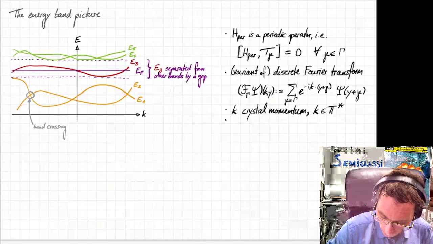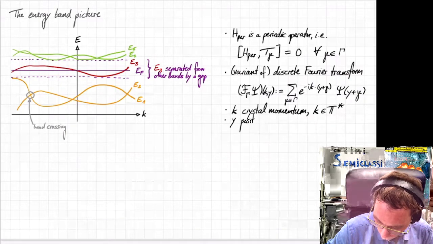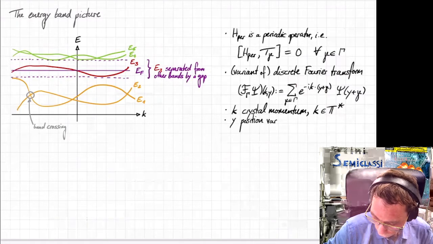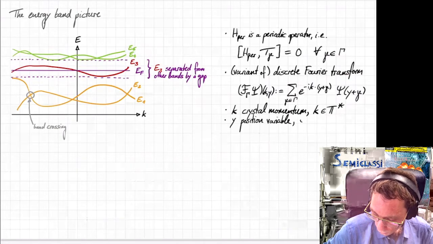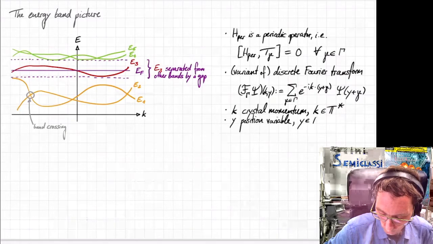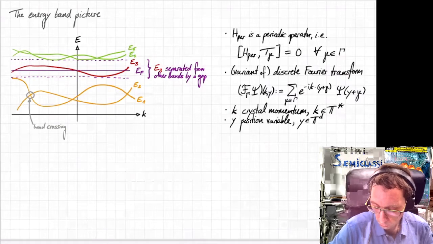And y is the position variable, and also y you can think of as being an element in a d-dimensional torus.